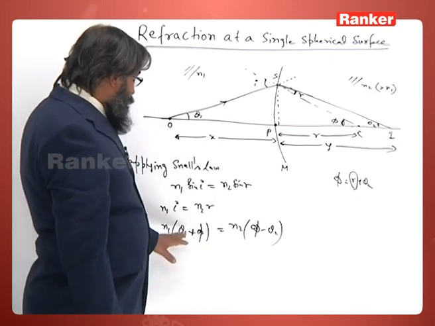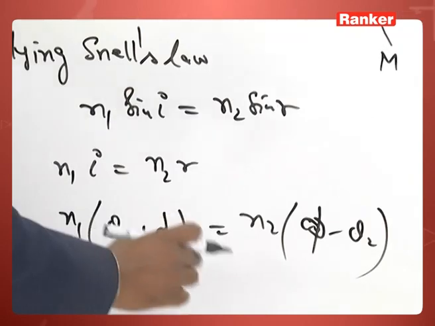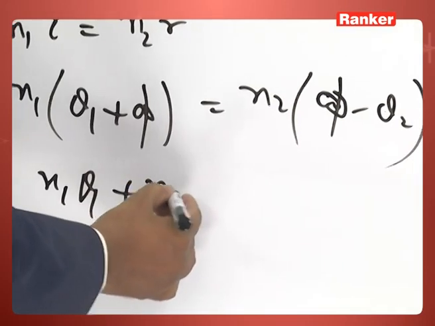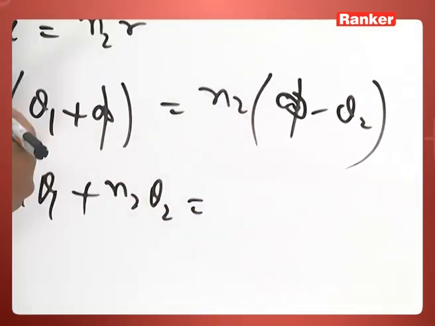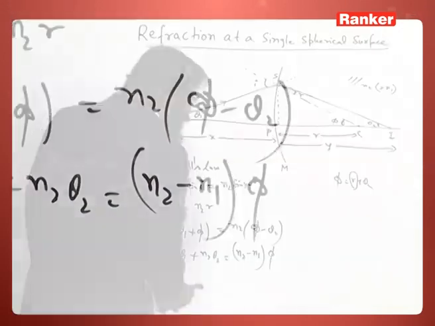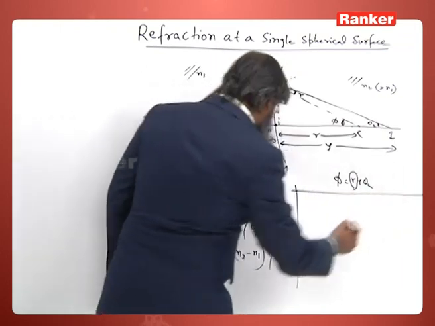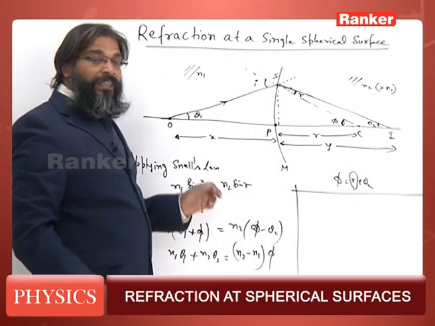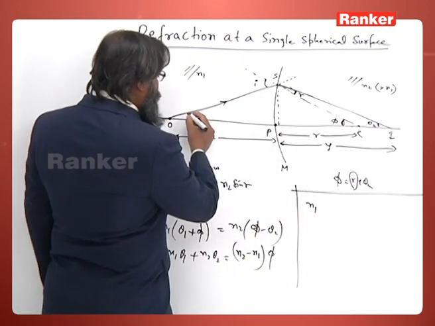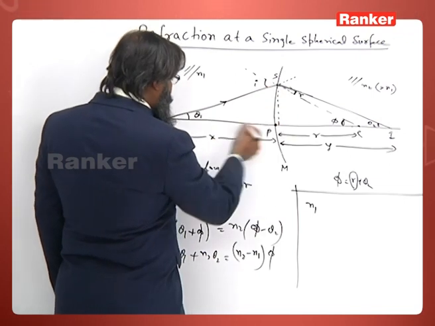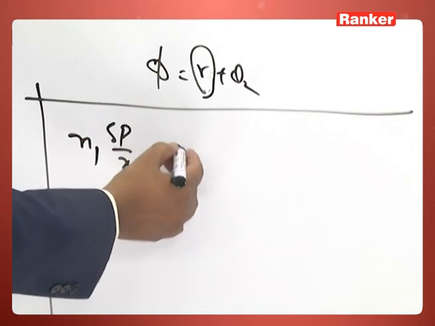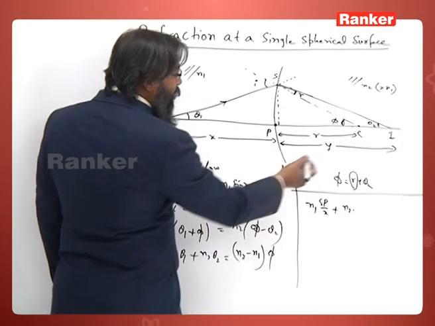Now, let us bring this phi here. So, N1 theta 1 plus N2 theta 2 is equal to, this N1 will go to this side, N2 minus N1 into phi. Again, this theta can be written as tan theta. So, N1 theta 1 is equal to SP by X, plus N2 times theta 2.